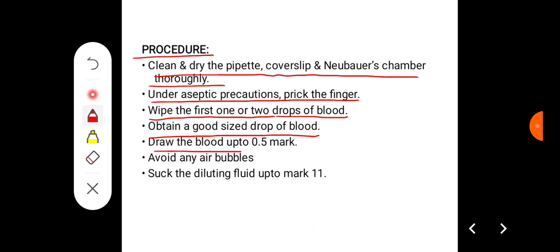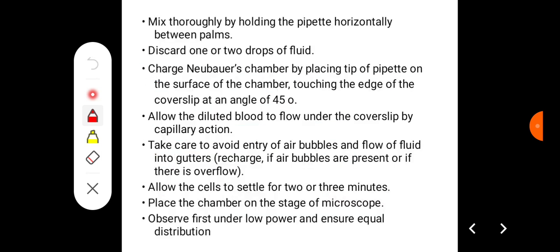Then draw the blood up to the mark of 0.5 in the WBC pipette, during which you should avoid air bubbles, and suck the diluting fluid, that is Turk's fluid, up to the mark 11. Then mix thoroughly, holding the pipette horizontally between the palms.